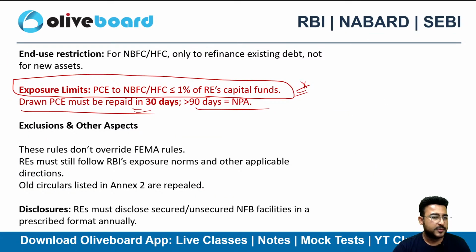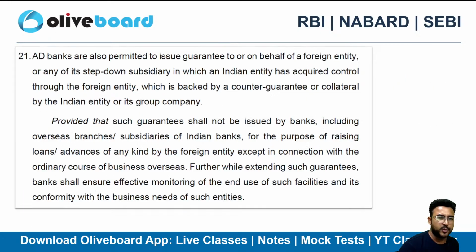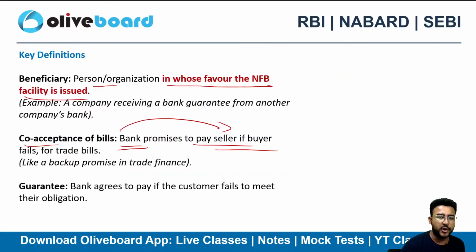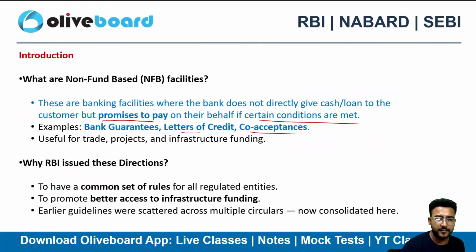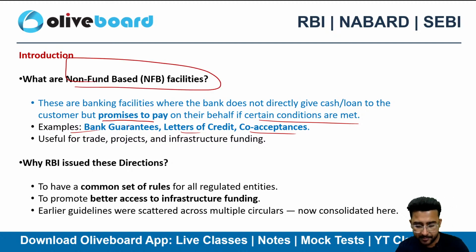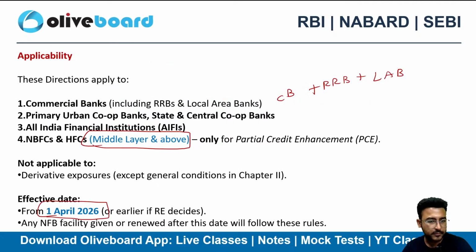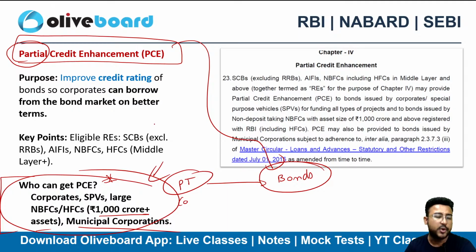So guys, it's a big circular is what I can say. The most important things that you can cover in this are the non-fund based facilities and the examples of them. Then the applicability criteria, very, very important. The effective date, and the concept of partial credit enhancement.